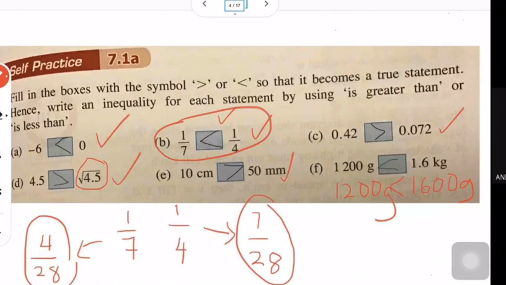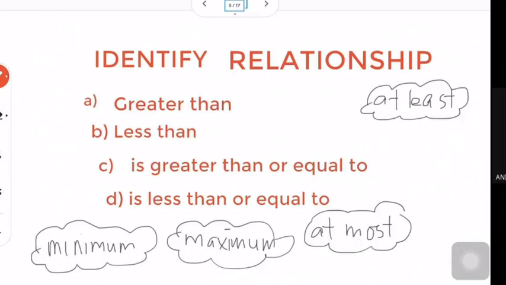Okay, so you understand how to use the sign less than and more than. Okay, so in the inequality, we actually identify the relationship. So sometimes kita sebut greater than, sometimes the situation is less than, and sometimes dia ada keadaan di mana there is a situation where certain value is said to be greater than or equals to.